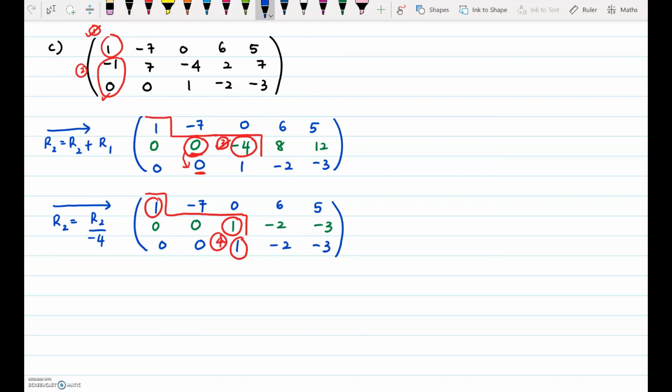Now step number 4, we will have R3 is R3 minus 1 times your leading one. So now we will have 0, 0, 0, 0, and 0.